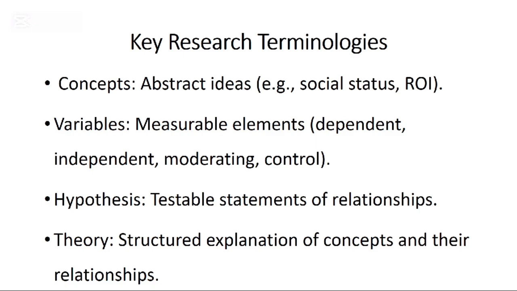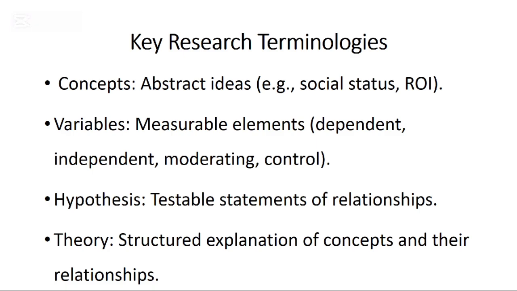Number one is the concept, which is an abstract idea. These are abstract symbols, a representation of an object or one of its properties. Now, research begins with the formation of concepts to describe the empirical world.